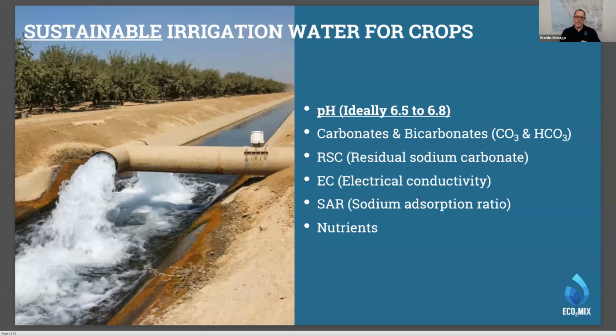Most of the water samples that I have seen, whether district water, canals, or blended water, have high pH and high bicarbonates. The Central Valley is not as high in bicarbonates as the Central Coast. The Central Coast is way higher, sometimes double the bicarbonate we have seen here. So it makes it harder to reach an ideal pH.